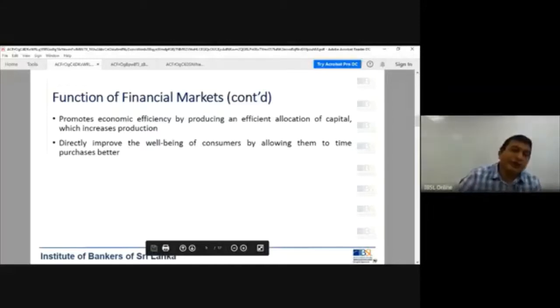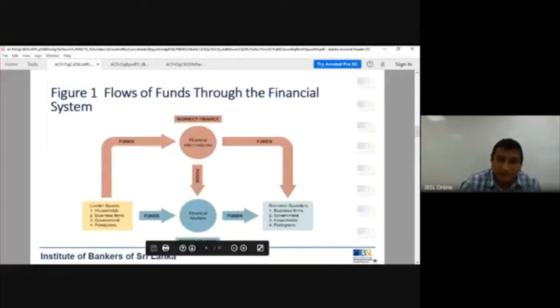So you don't need to become retired and want to drive an SUV when you don't see the roads properly. You can't even have spectacles, but spectacles would not help you to have that much clear vision in terms of making use of all available facilities of an SUV. So think about these things. So this is another important function of a financial market. Any questions?